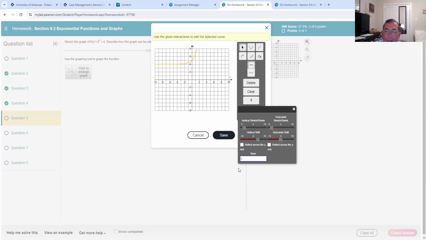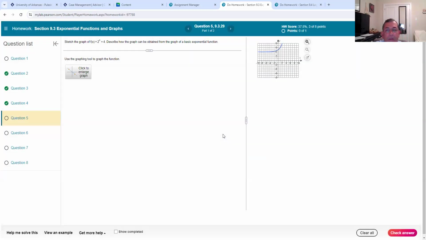And y'all remember, down here on the base, see I got that E again. I need to change that E to a 2 to match my graph. So then I would save that. So it makes you check that answer before you can move on.